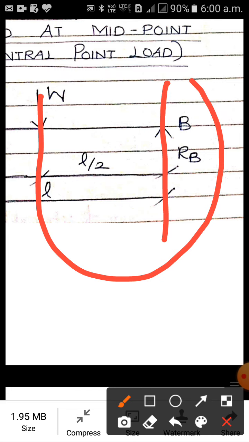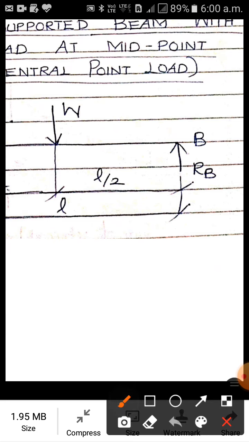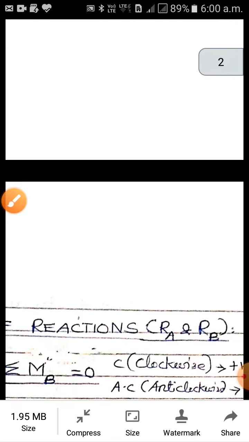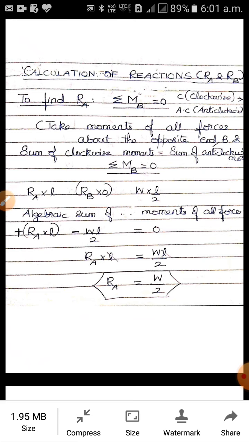So W about B, what is the rotation? Anti-clockwise. So minus W into L by 2. I hope you understood. So plus RA into L and minus W into L by 2, which is equal to 0.